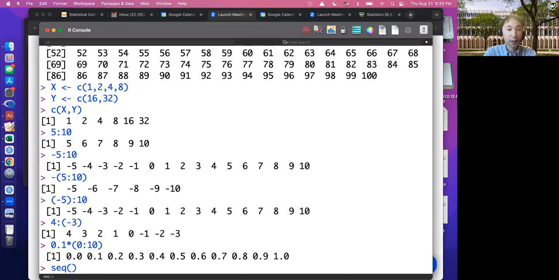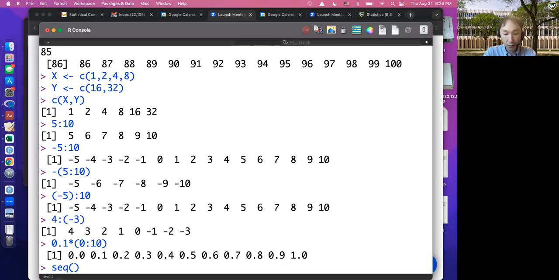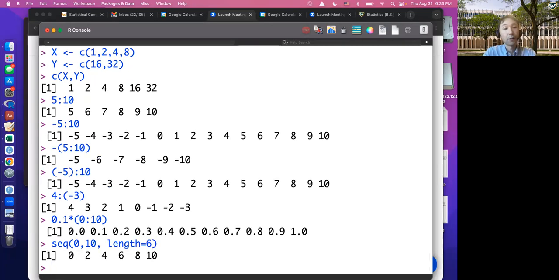Also, we have the seq function. So 0 to 10, length 6, then you can get the sequence of 0 to 10 with length 6. So that means we have 5 intervals, and the distance between the end point and the start point is 10. So 10 divided by 5 is 2.